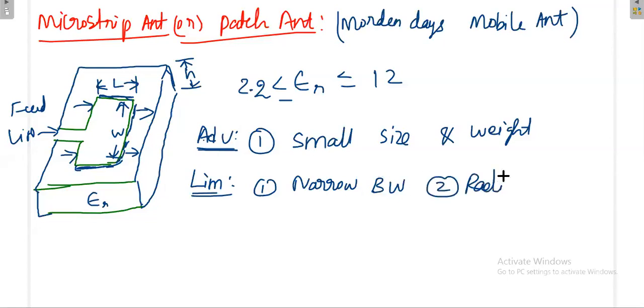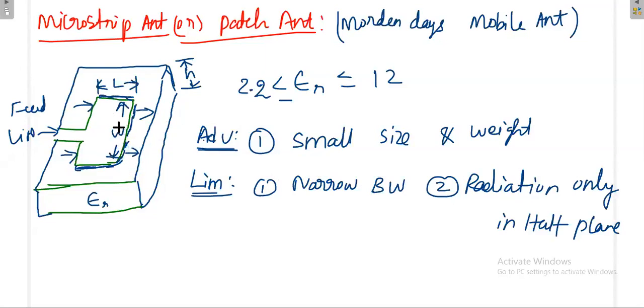The next important thing, this is most important: radiation only in the half plane. That means it will radiate only in one direction. If this is your transmitting antenna, it will radiate upward only. It will not radiate downwards. That is the main problem here.